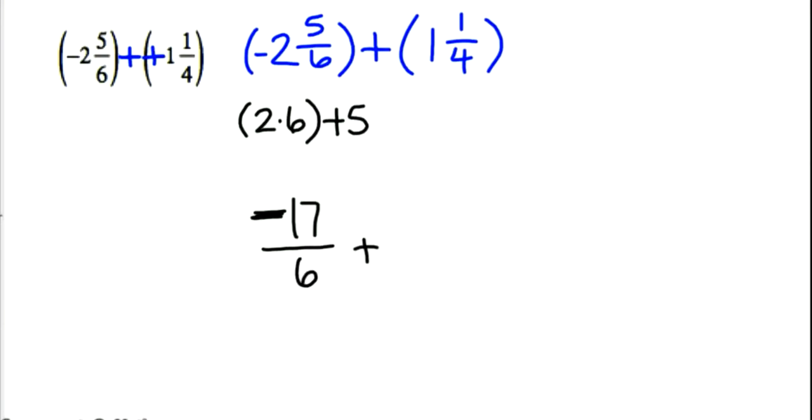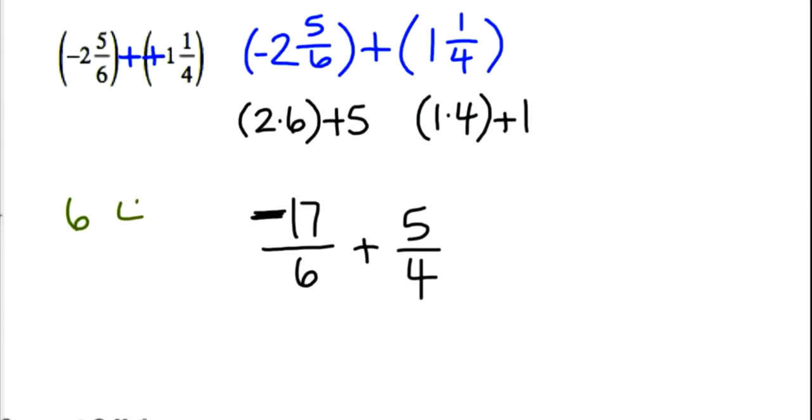And I'm going to add, I need to change this mixed number into an improper fraction. So 4 times 1 plus 1 is 5, and I'm going to leave my denominator the same. When I add fractions, I need a common denominator, so I'm going to use the cake to figure out my least common multiple.